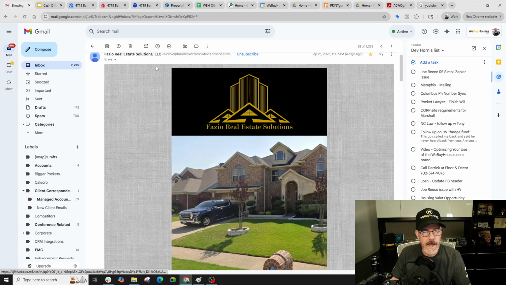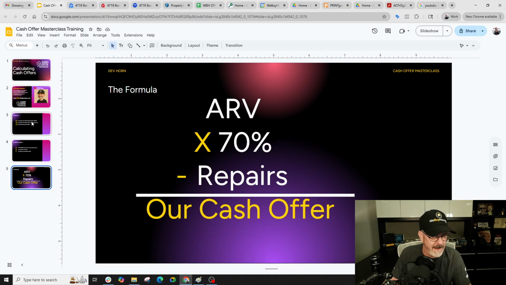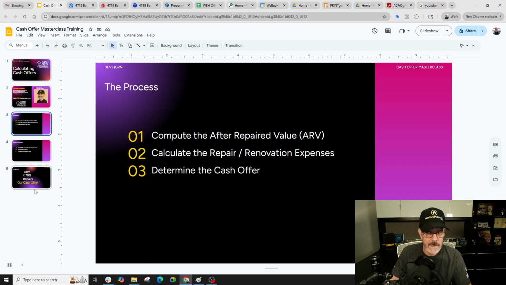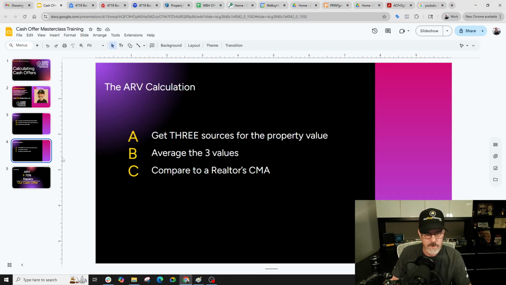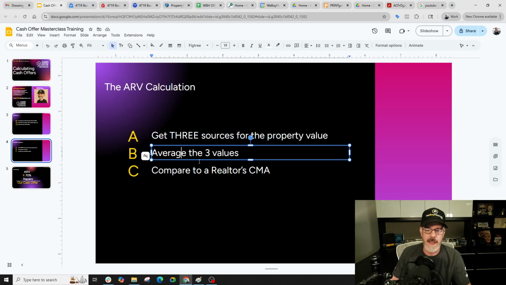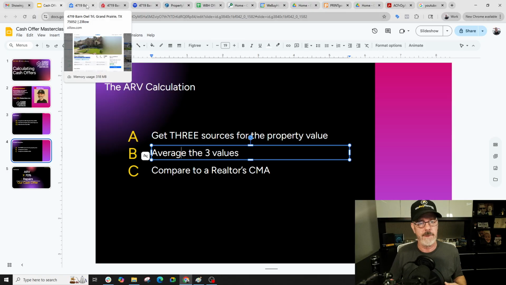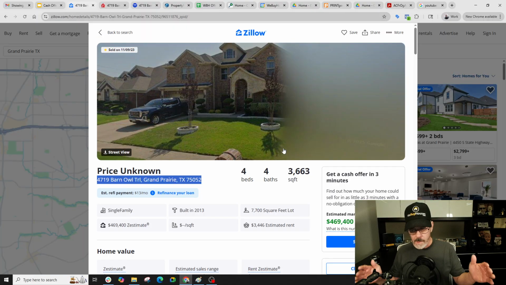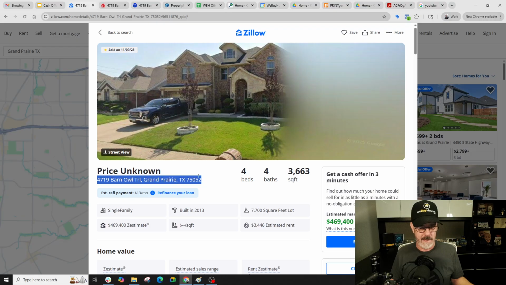Now, as I told you in the presentation, we want to get at least 3 sources, average them, and maybe compare them to a CMA. I don't have a CMA on this property today. But what I've done is I've looked it up on Zillow.